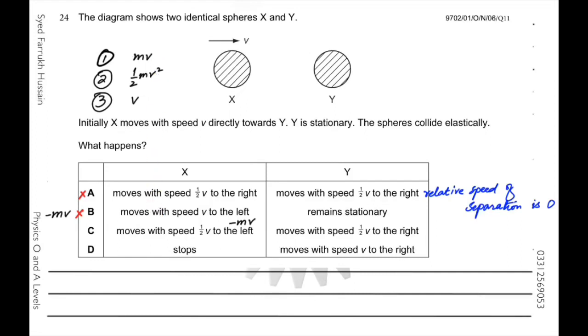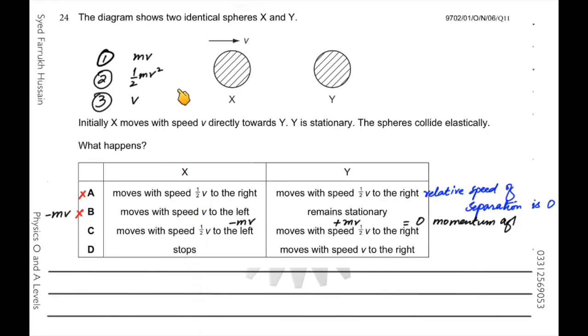According to option C, the momentum before collision of object A is minus mv, of object B is positive mv, so the total momentum is 0, and of course this is also not the case because this is not satisfying equation 1. Momentum must be conserved.